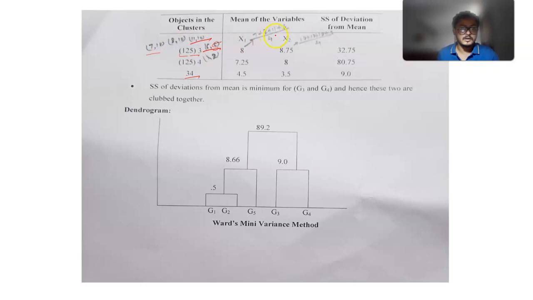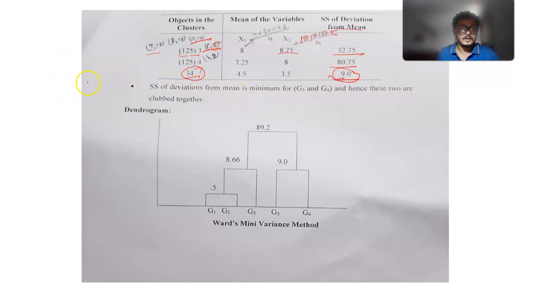So 7 plus 8 plus 11 plus 6 by 4, which is 8, and 10 plus 10 plus 10 plus 5 by 4, which is 8.75. Again we find the sum of square of deviation from the mean. We find the values 32.75, 80.75, and 9.0. So here we find the minimum deviation value, and we take 3, 4 as a separate cluster.